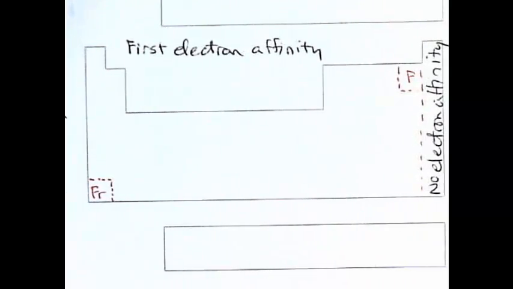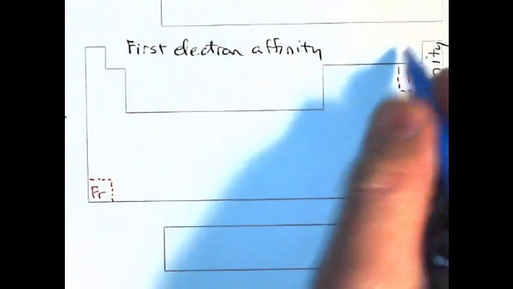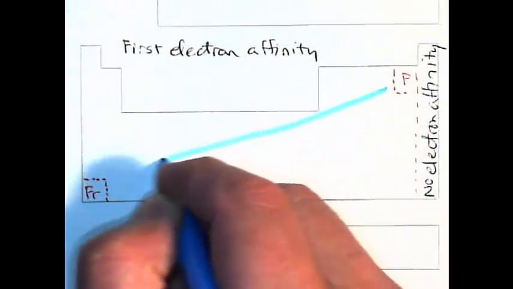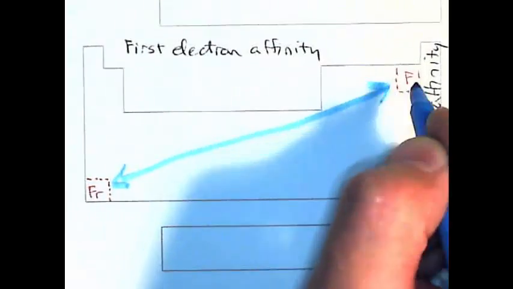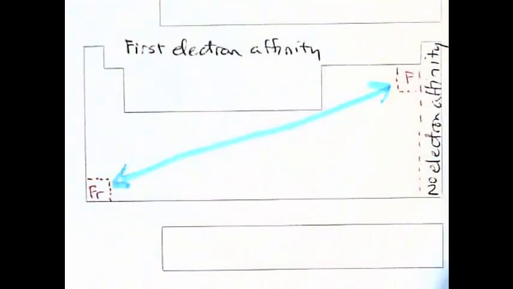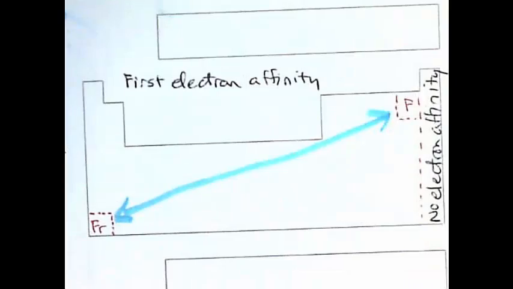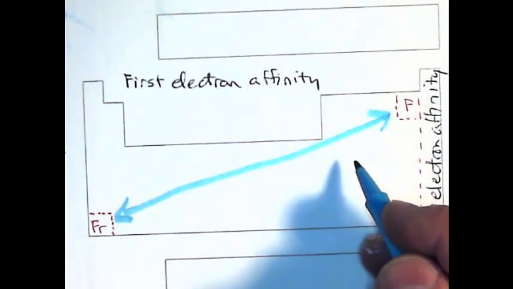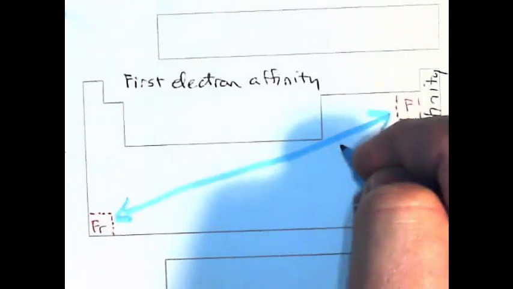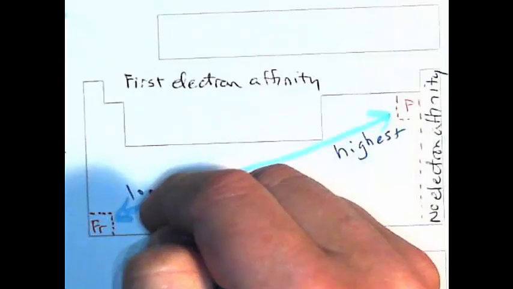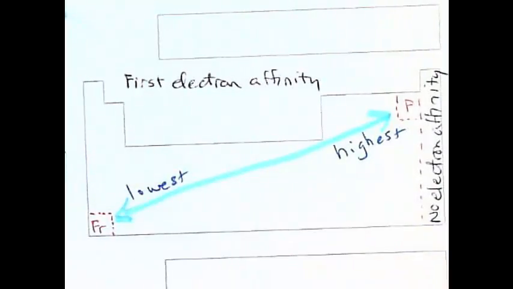So we still have that same sort of pattern. The pattern is the same as electronegativity, but the difference is you don't include the noble gases. So the highest electron affinity is over here, and the lowest electron affinity is down here.